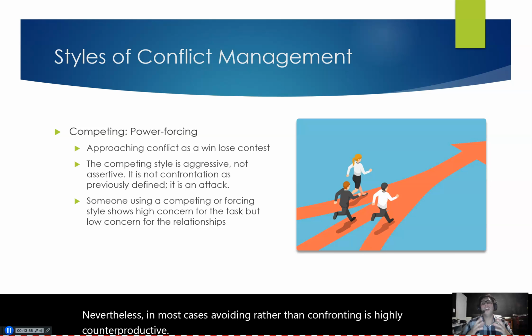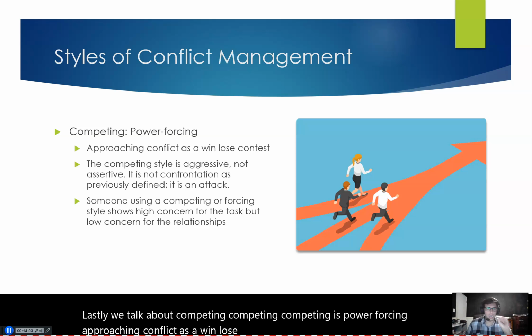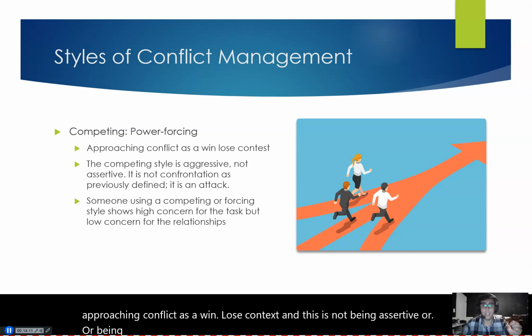Lastly, we talk about competing. Competing is power forcing, approaching conflict as a win-lose context, and this is not being assertive or doing confrontation. It is instead aggressive, not assertive, and it is an attack on the other person.